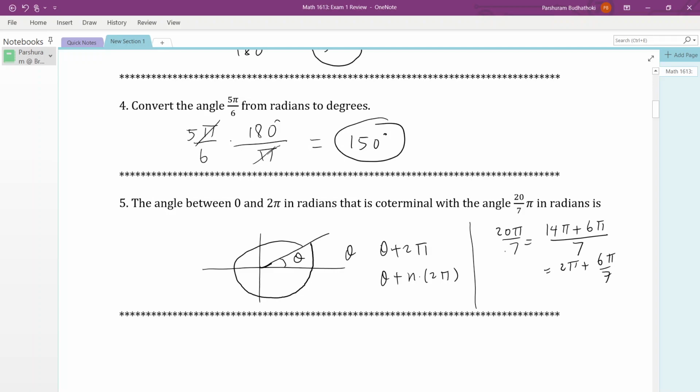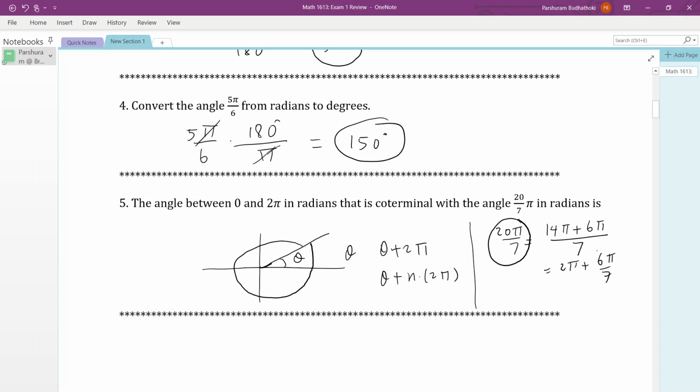So the coterminal angle for this one is something plus 2 pi times some integer, but here you can see that 6 pi over 7, let's say 6 pi over 7 is your theta. If you add 2 pi, then it will give you 20 pi over 7.